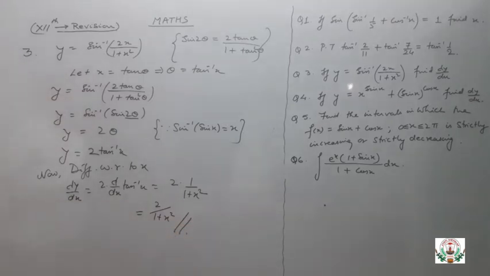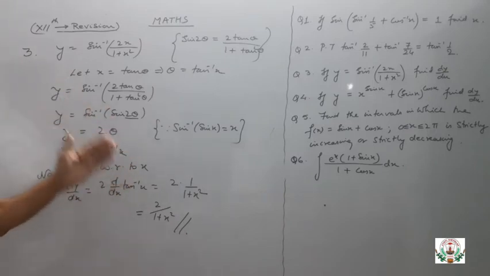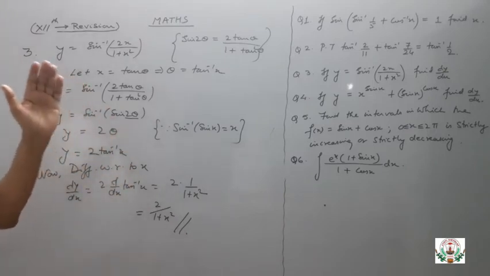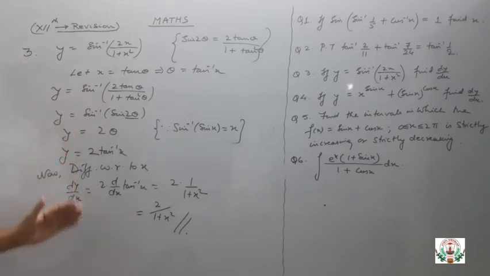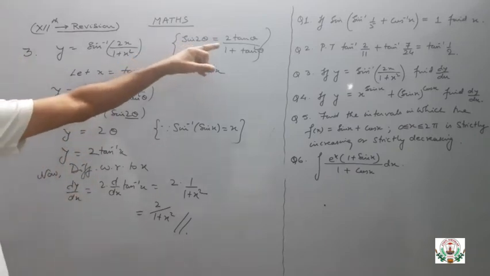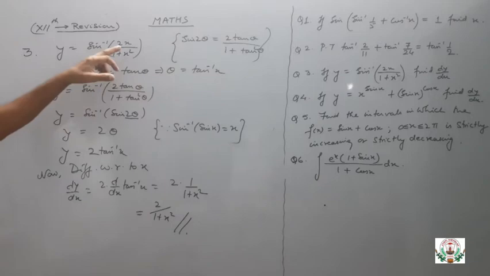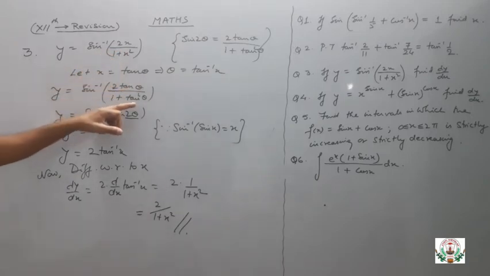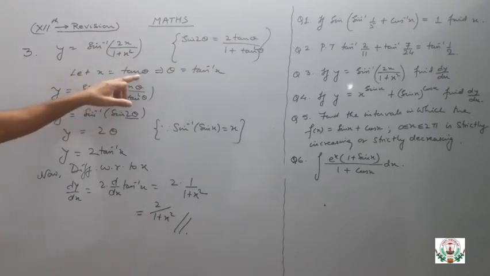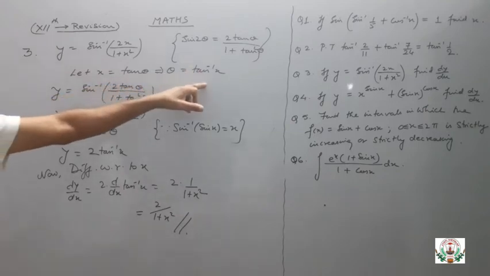Okay. So you must learn by heart all the formulas of class 10th, 11th and 12th, especially trigonometric and algebraic formulas. Sin 2 theta is 2 tan theta upon 1 plus tan square theta. So by substituting x equals to tan theta, we get theta equal to tan inverse x.